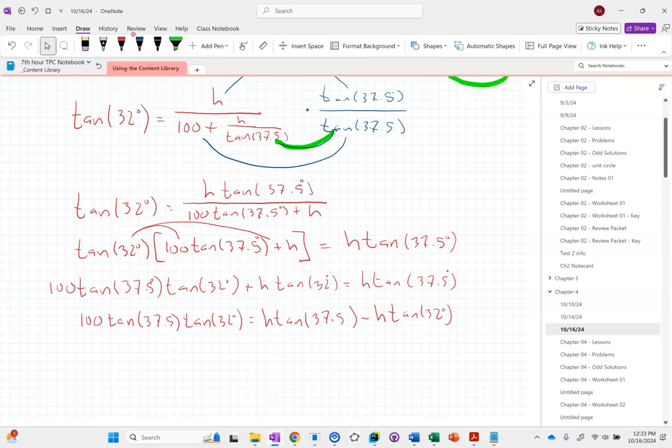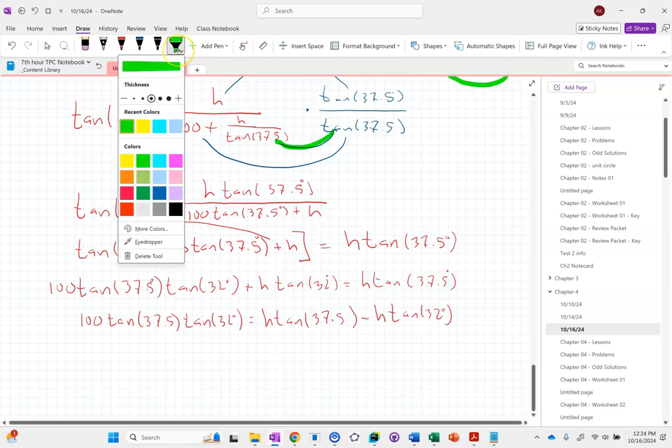How am I going to get those h's that are separate into one place, right? I have h's in two separate places. I want to get that h into one location. How do I do that? Believe it or not, you learned how to do this in middle school.